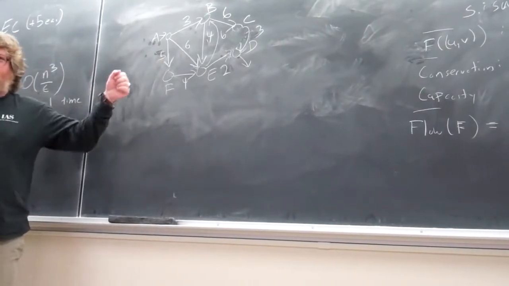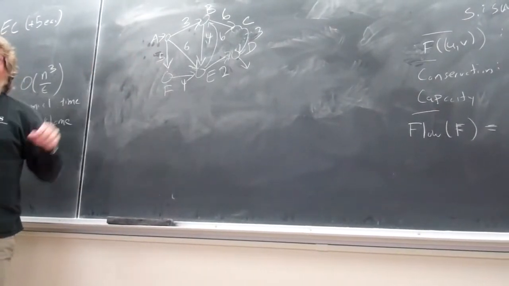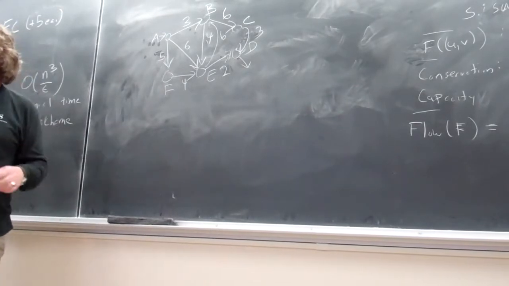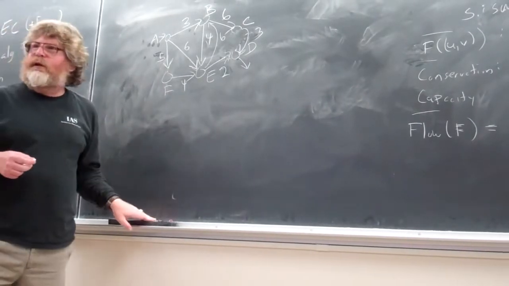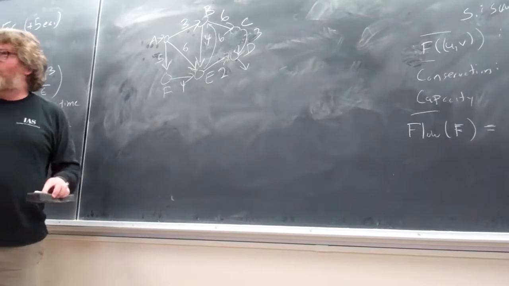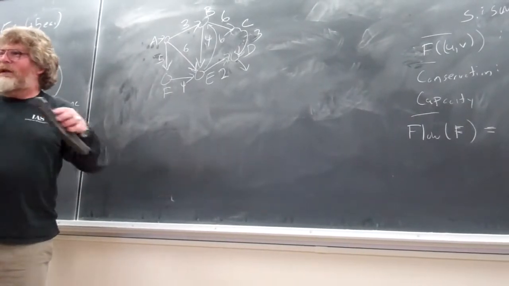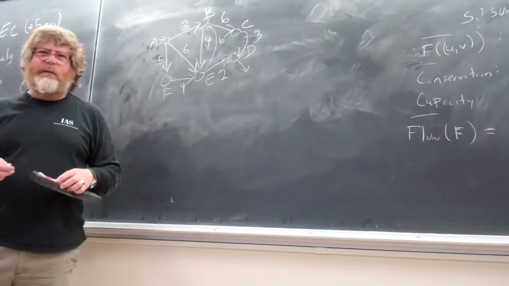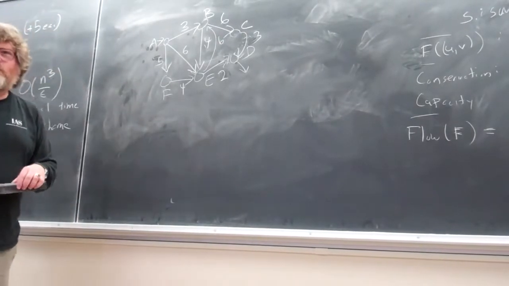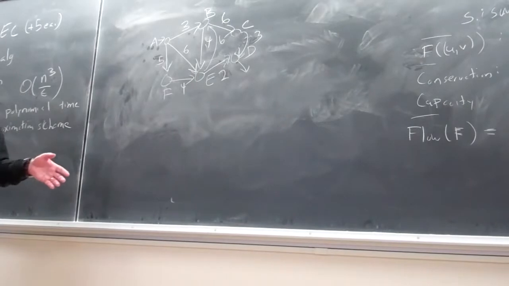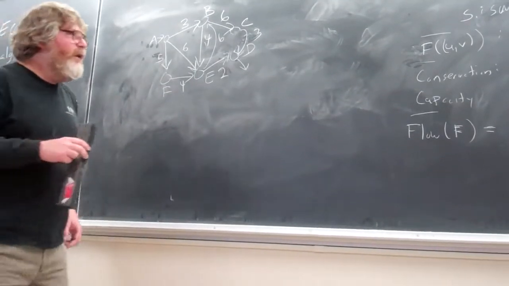But you don't have to send it all via the same path. So it's kind of a generalization of the max bandwidth path problem, where we're allowed to split up information and have it dispersed along different paths. Is this clear?